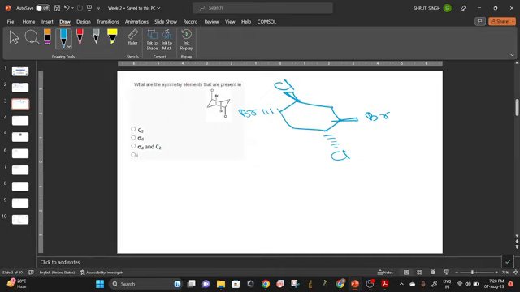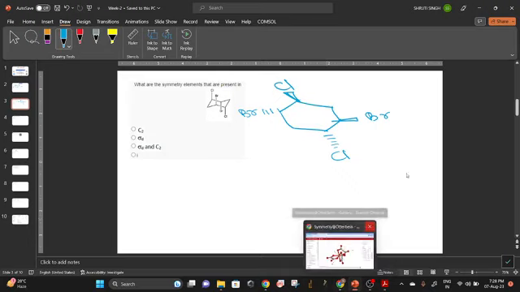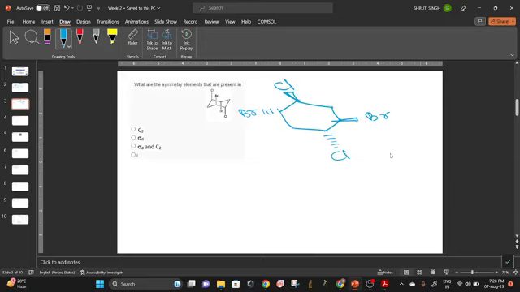Okay. Now what are the elements present here? Is C2 present there? Yes, ma'am. It seems C2 is there. From which axis?